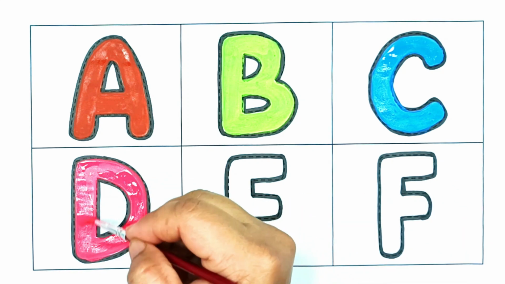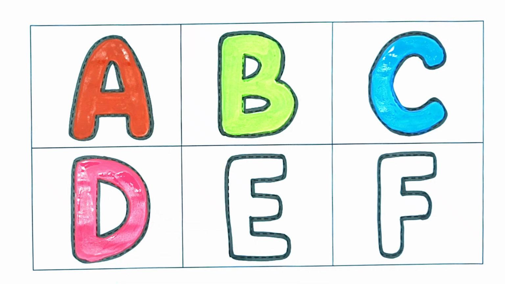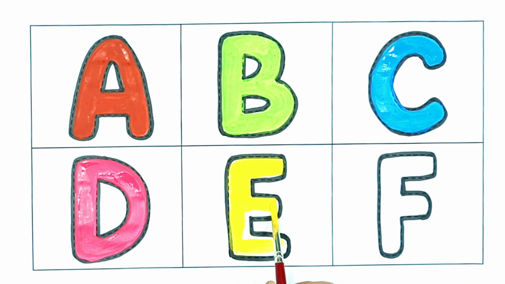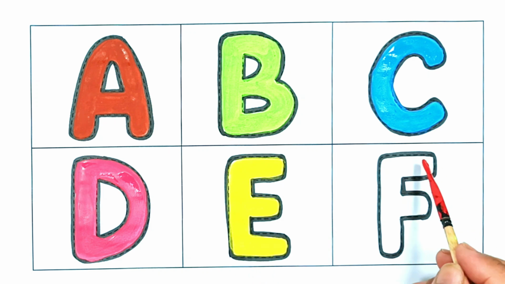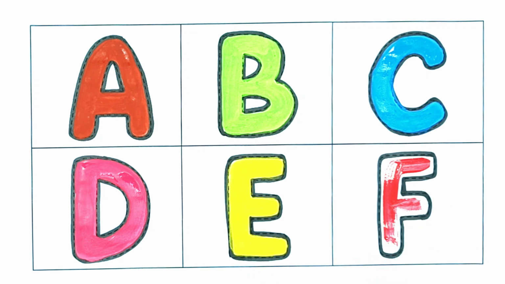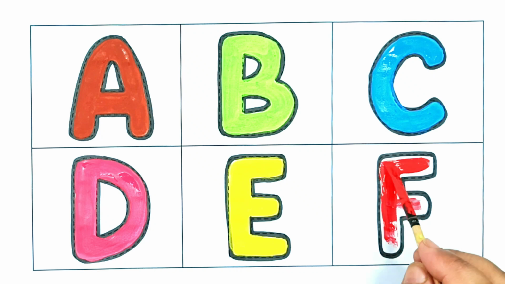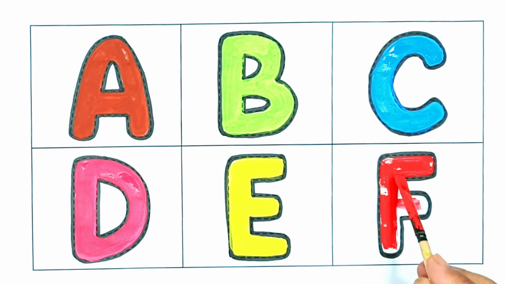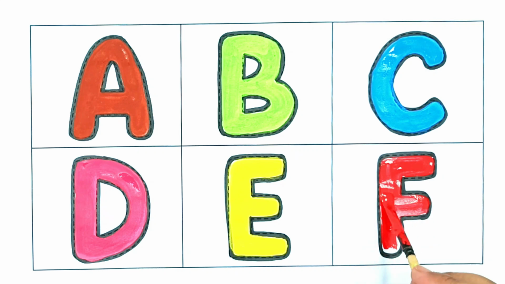D for doll. D for doll. E for egg. E for egg. F for frog. F for frog.